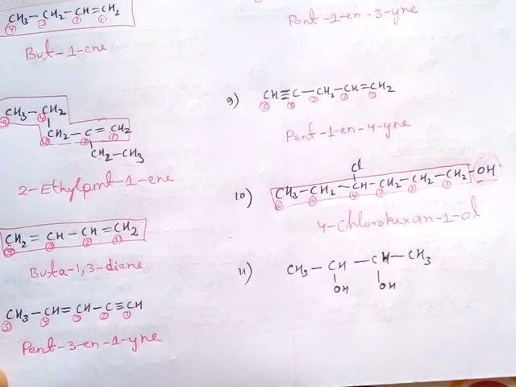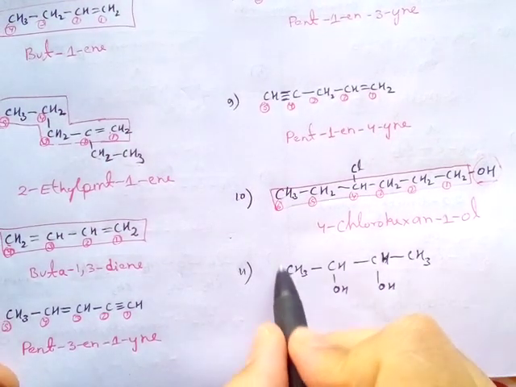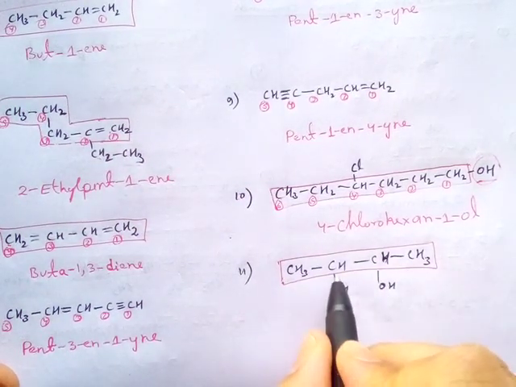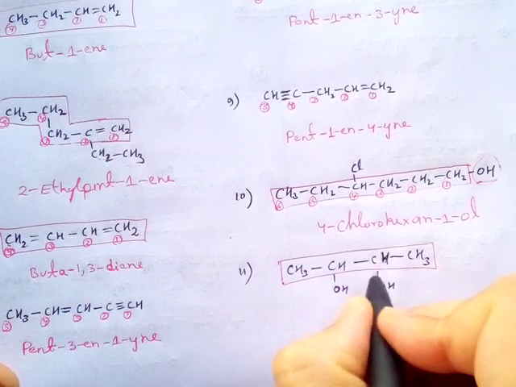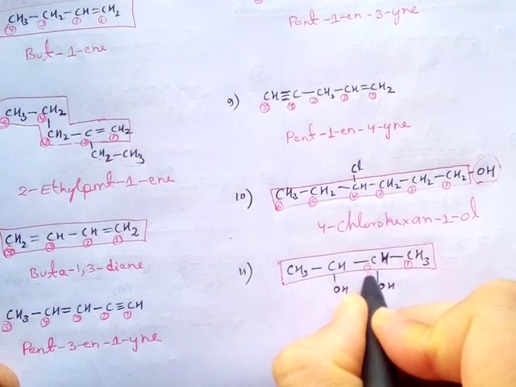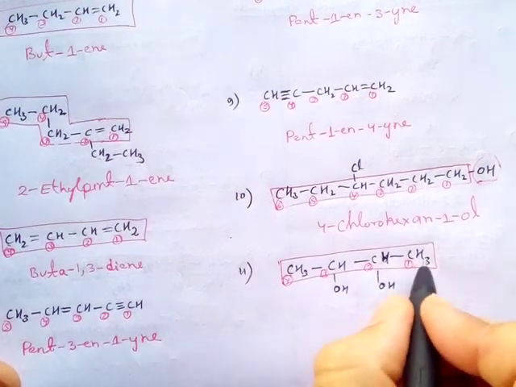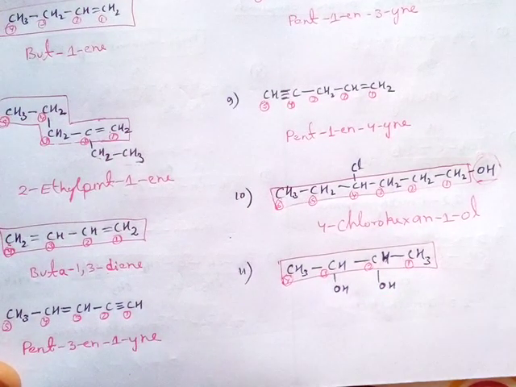Now I'm taking another example. Look at this one. This is the parent chain, with 1 2 hydroxy, so alcohol. You can do numbering from either side. There is no branch here. This is the functional group.